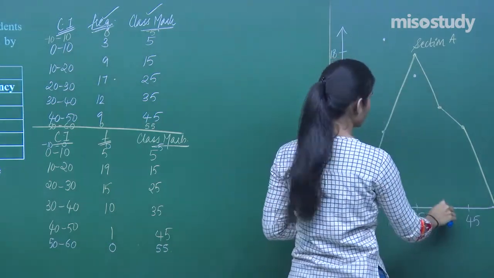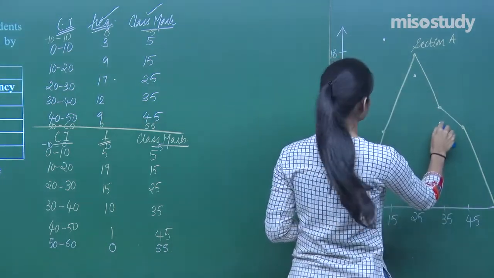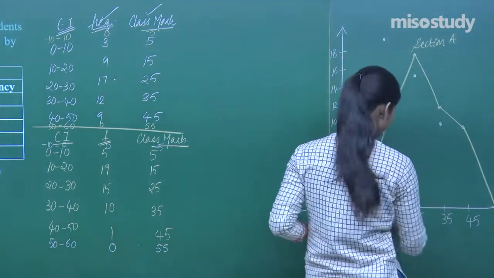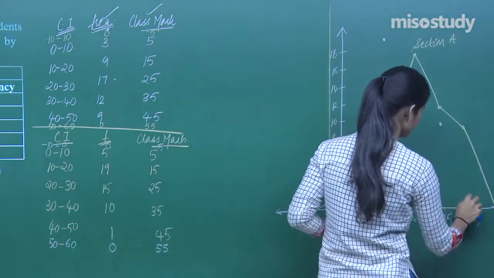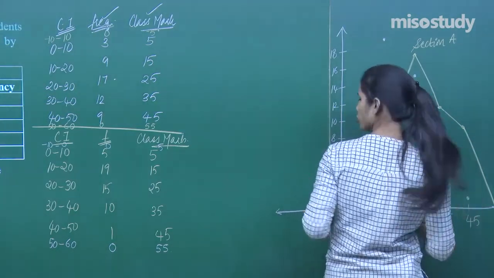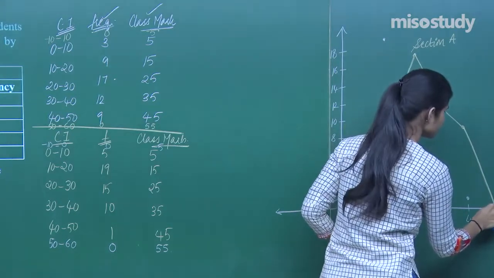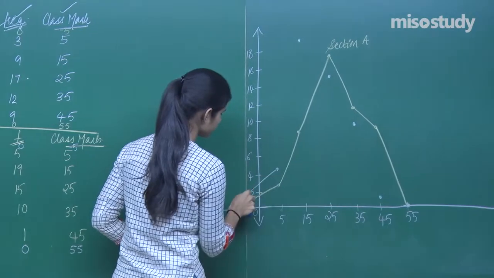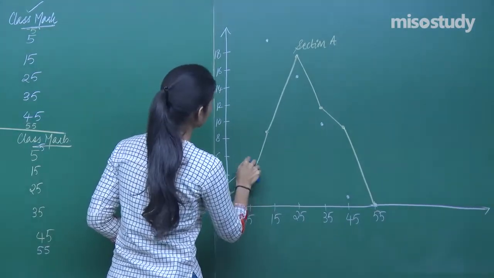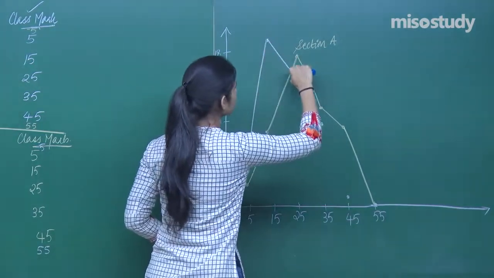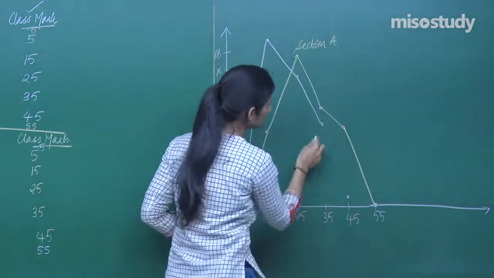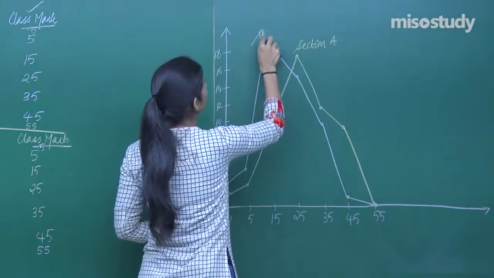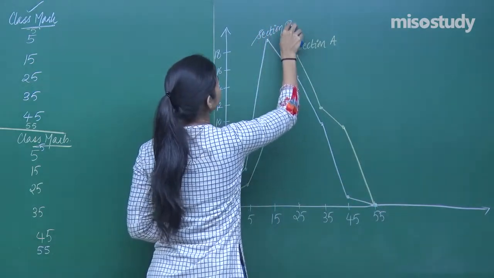Then 35 comma 10, this is 12, this is 10. Then 45 comma 1, so here is 1 somewhere, and also again 55 comma 0. Let's join this again by straight line segments. This is for section B.